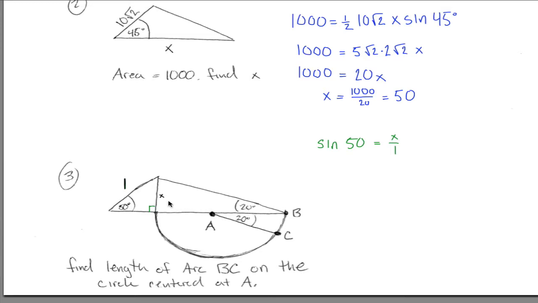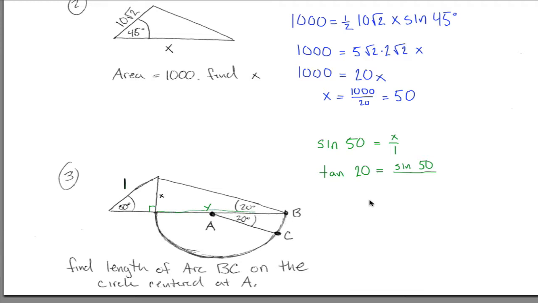And now we want to relate the adjacent and the opposite. So the tangent of a 20-degree angle, tangent is opposite over adjacent. Opposite we just said was sine of 50. And adjacent would be, maybe we call it y, this length here.